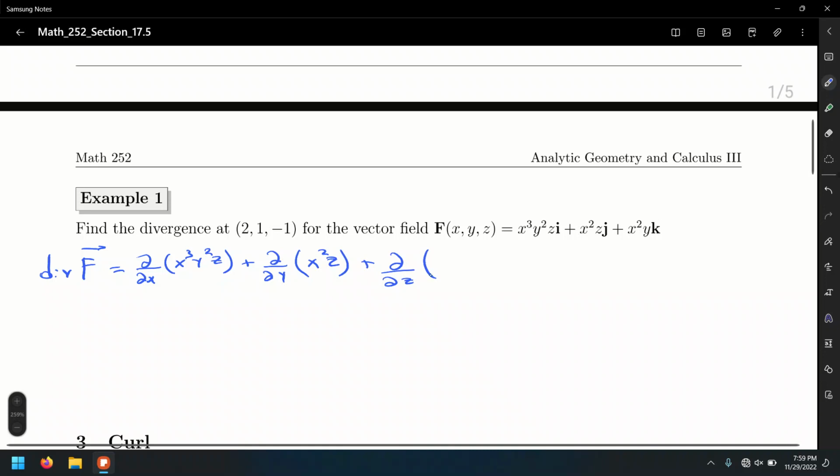That's all we do. So without even setting this up as vectors and doing the dot product, we can just take the partial derivatives in the correct order, in alphabetical order.